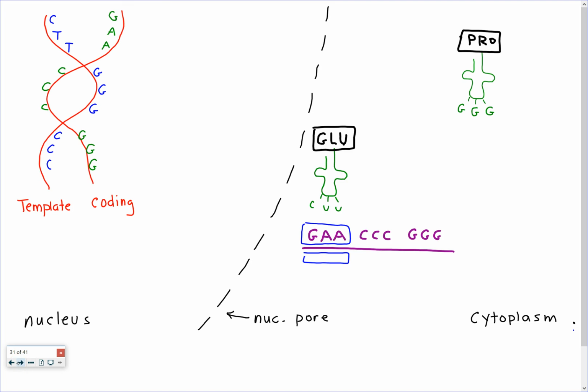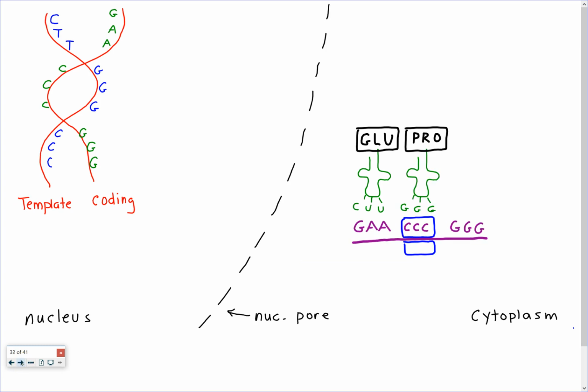So if you look, GAA, using your universal genetic code, is going to call for the amino acid glu, and that's going to be brought over. The anticodon and codon are going to form an association and hold it for just a little bit. Then the next amino acid is pro, and you can see that the ribosome moved down, went that way, and that tRNA brought the pro or proline to the amino acid and mRNA strand.